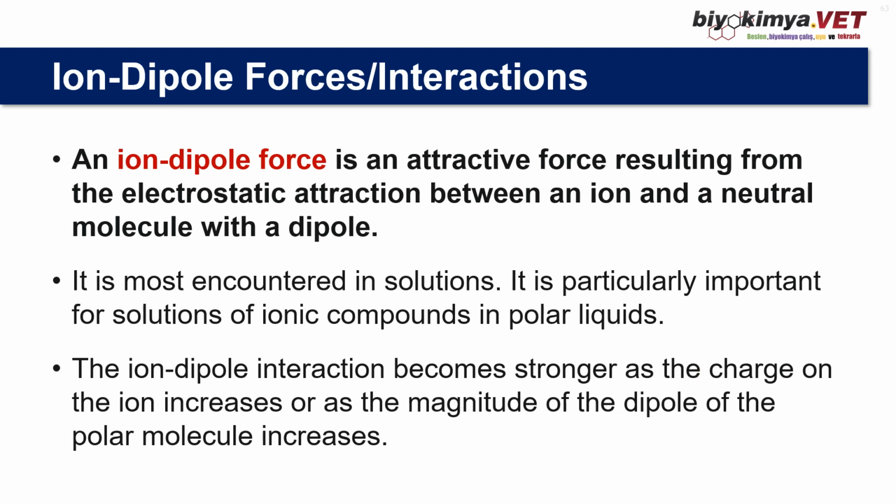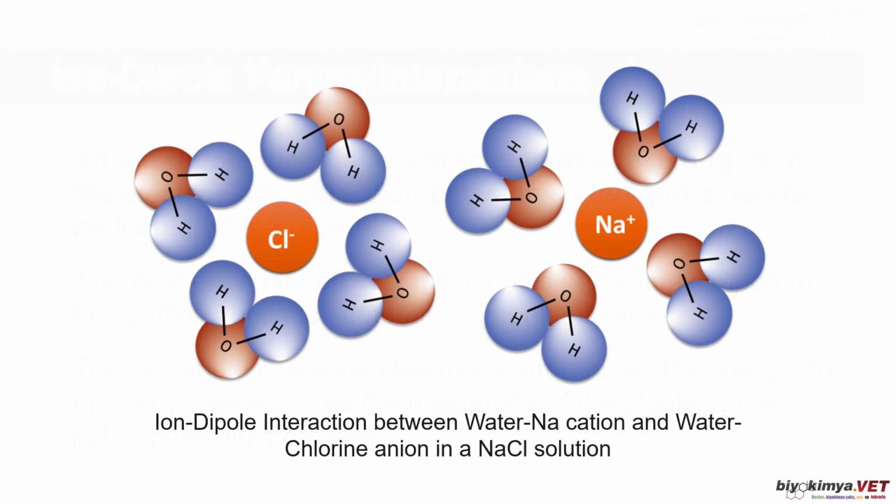The ion-dipole interaction becomes stronger as the charge on the ion increases, or as the magnitude of the dipole of the polar molecule increases. Here in this figure, you see the ion-dipole interaction between water and the sodium cation and between water and the chloride anion in a sodium chloride solution.